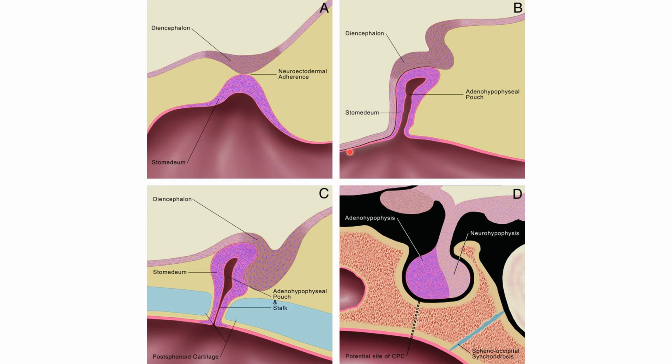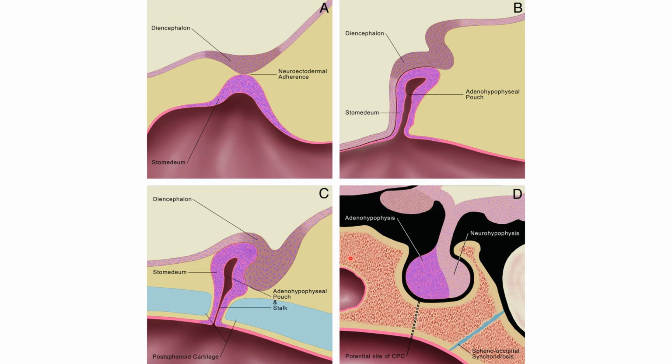In diagram B, you can see here is what we call Rathke's pouch, also called adenohypophyseal pouch. The diverticulum of the neuroectoderm, you can see, forming the neurohypophysis in the posterior aspect.